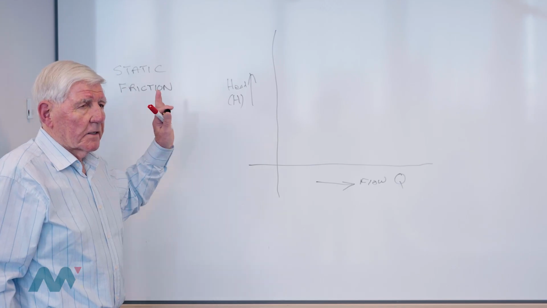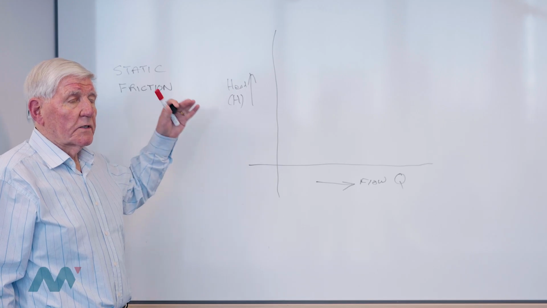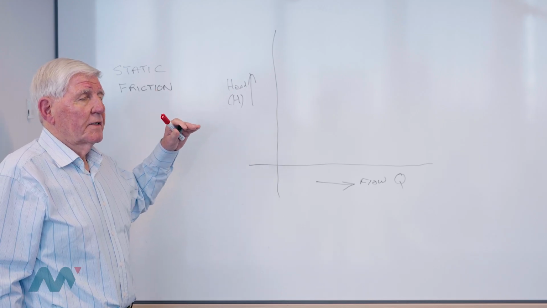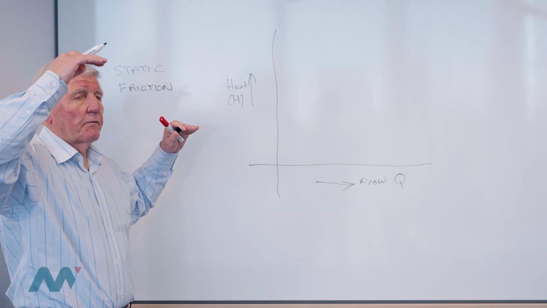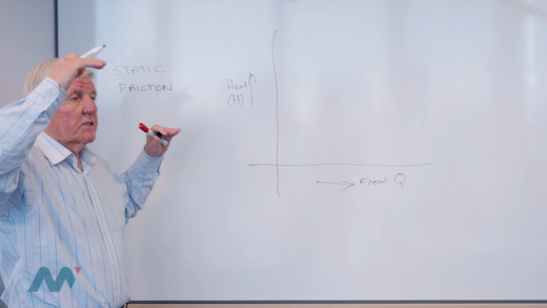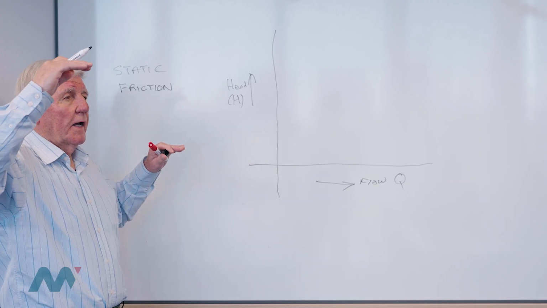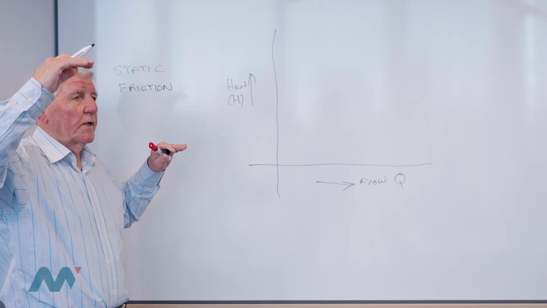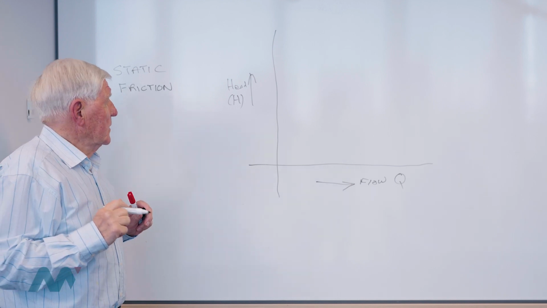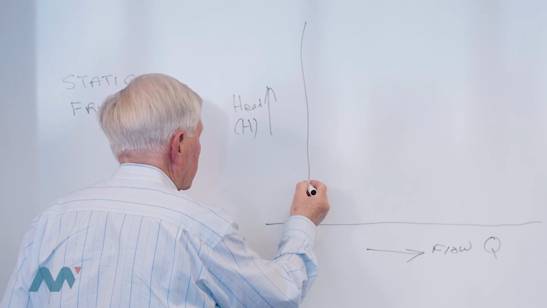The static head component is simply expressed by the difference between the surface level of the suction reserve and the level in the discharge reserve. So it's just a static head differential between one surface and the other. And usually the delivery point is higher than the suction point. Okay? So, and that is usually measured at zero, or it's defined at zero flow.